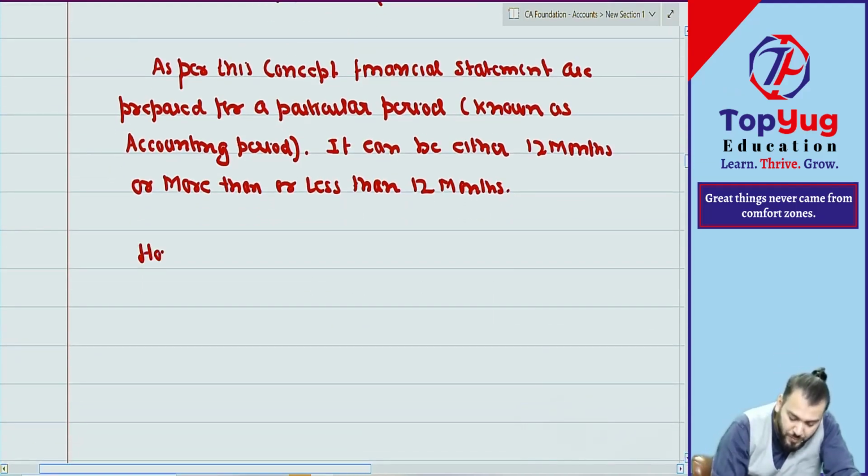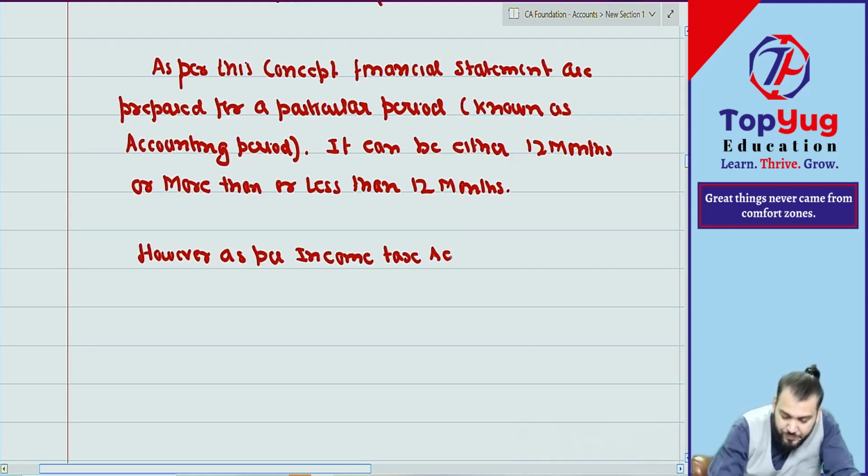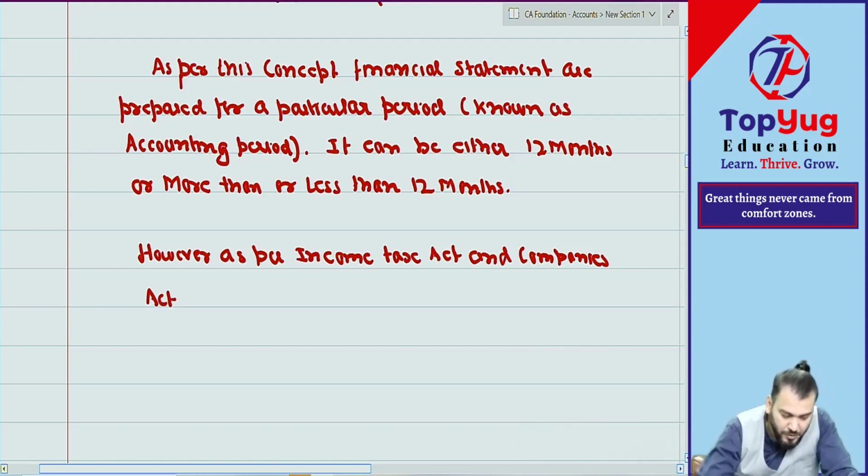However, as per the Income Tax Act and, write down, Companies Act, correct?